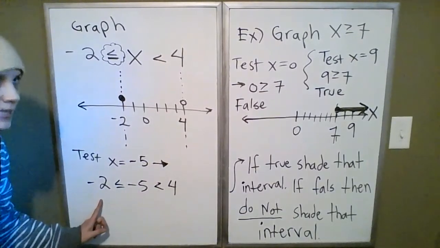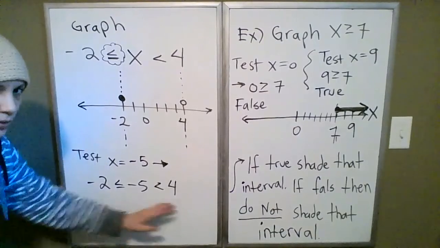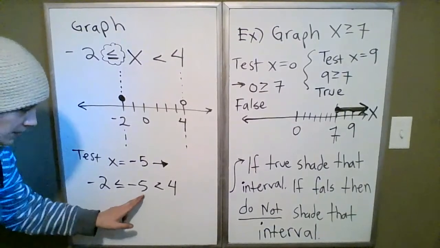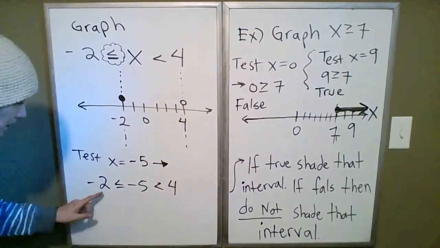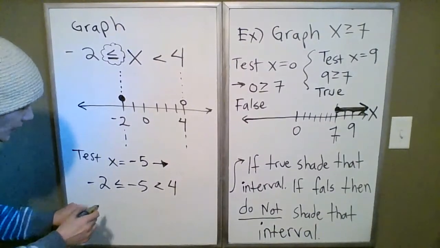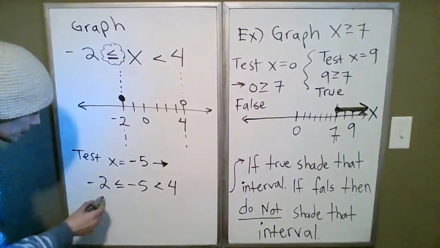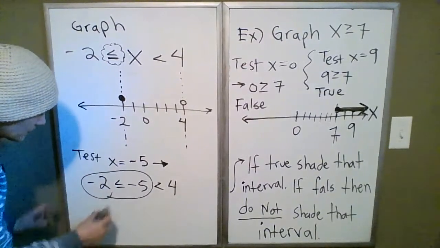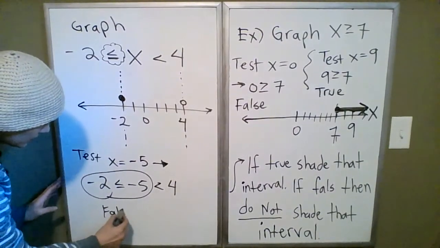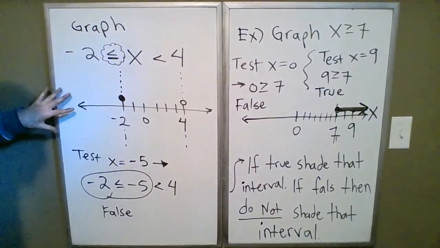So this is an and statement where if any piece of this is false, the whole thing is false. So even though -5 is less than 4, that is true, but -2 less than or equal to -5 is false. We're not going to shade below -2.